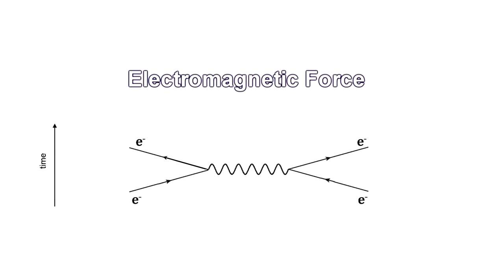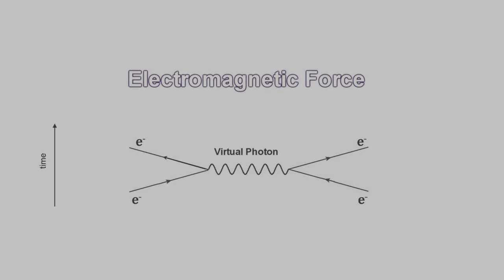Here's the Feynman diagram for an electron-electron interaction, where the photon field mediates the force that changes the momentum of the two electrons. One says they exchange virtual photons, but this is just jargon. The diagram is used for convenience. A virtual particle is not really a particle at all.